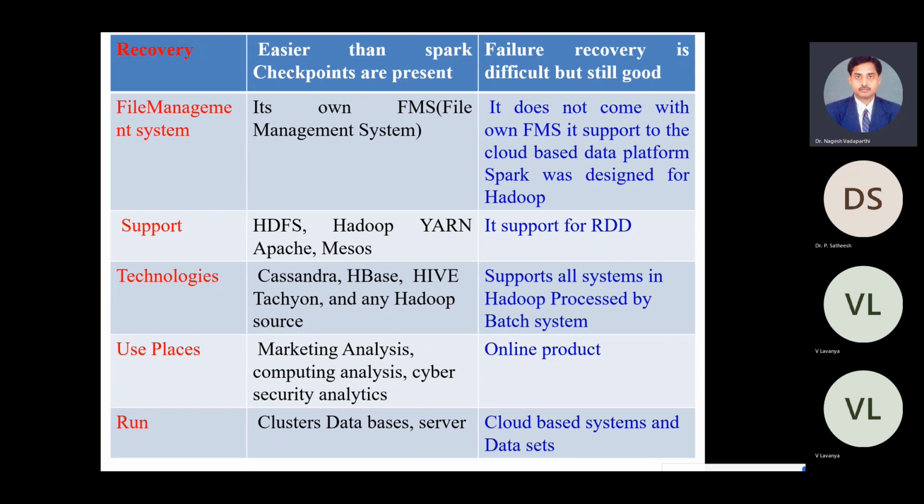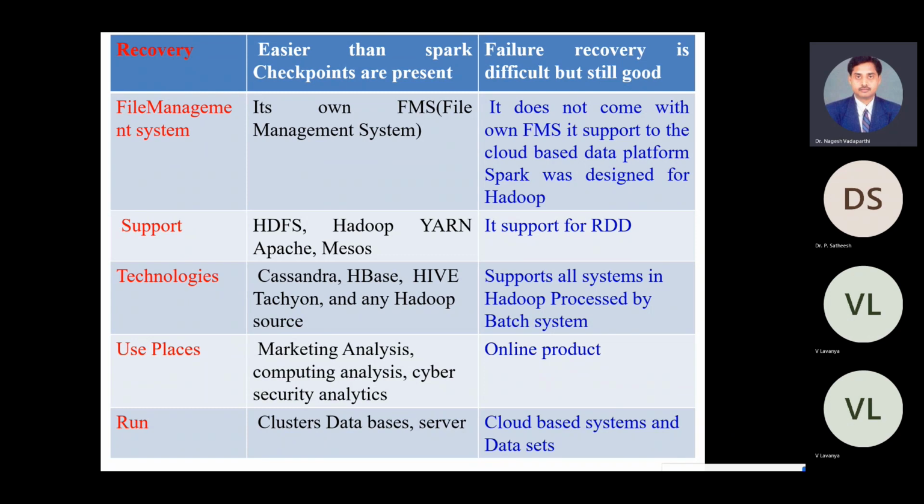That means Flipkart, e-commerce, any kind of streaming processing like online traffic data, online stock market data, streaming data. That means flow of data between system to system, server to server, or server to system, or system to server. It must be an online product.